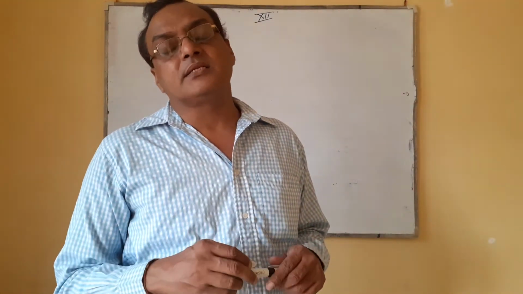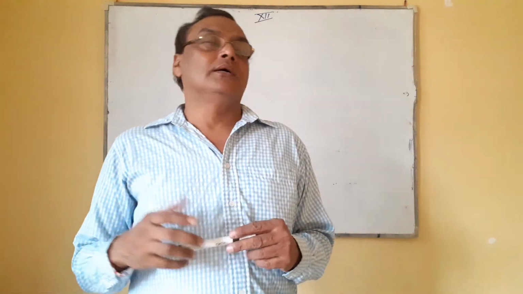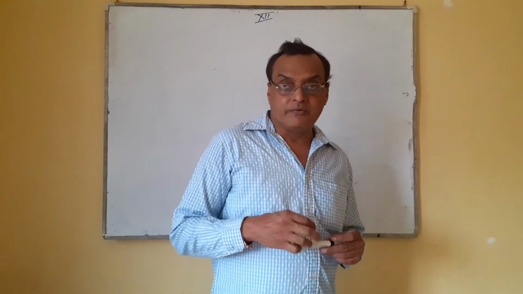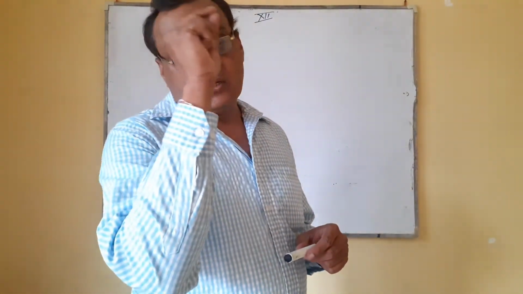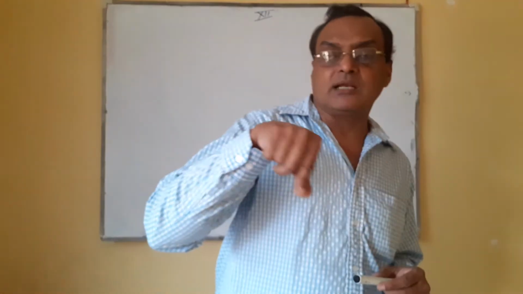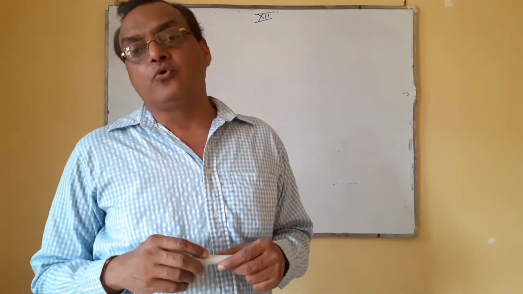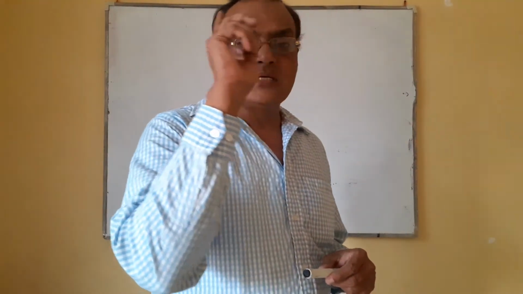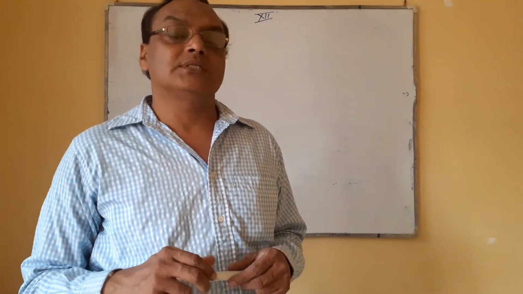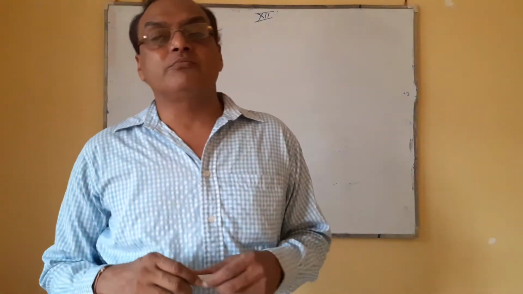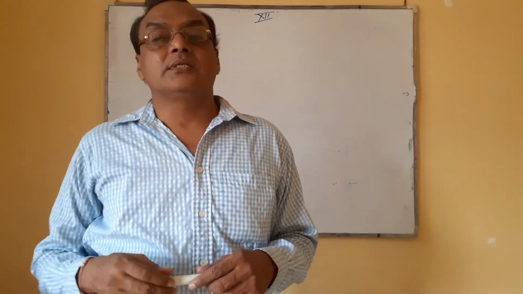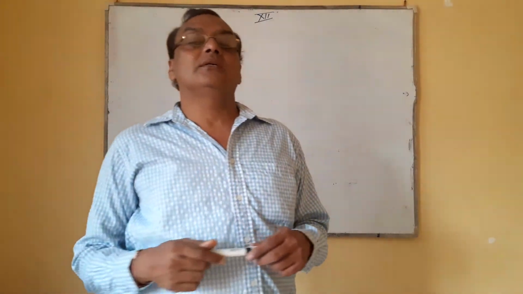A spherical mirror has two types: concave mirror and convex mirror. In a spherical mirror, you know about the pole, the principal axis, the principal focus, the center of curvature, and the aperture of the mirror.